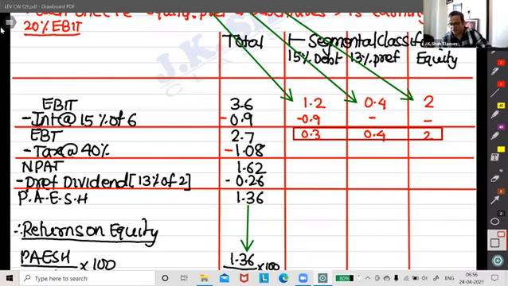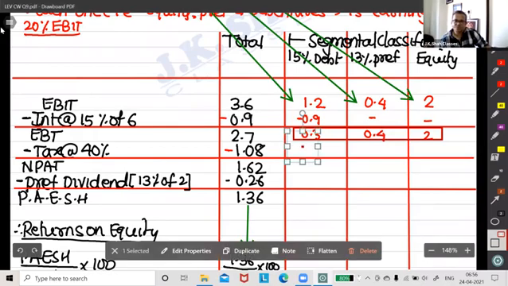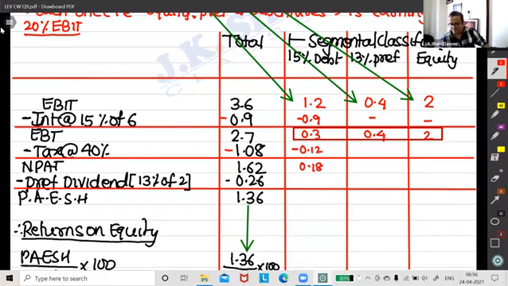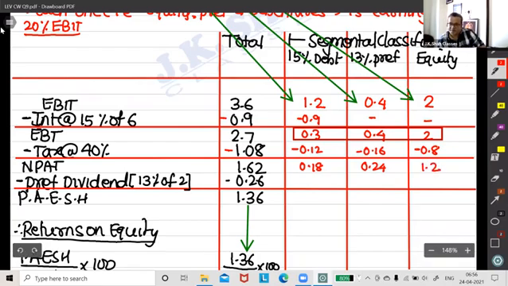So 0.3 into 40% comes to 0.12. So this will be 0.18. 0.4 into 40% is 0.16, minus equal to 0.24. 2 into 40% is 0.8, minus equal to 1.2.